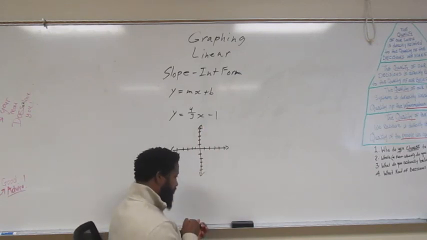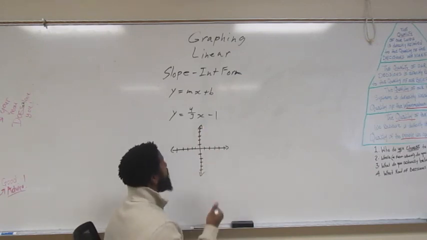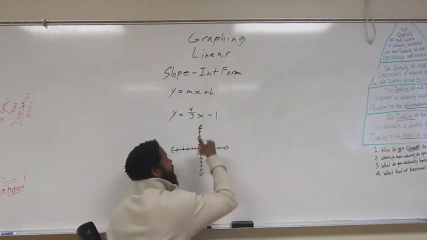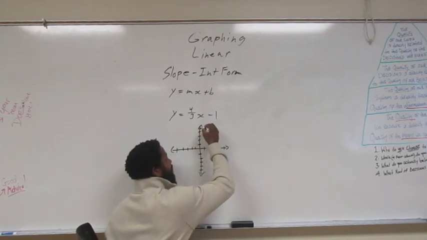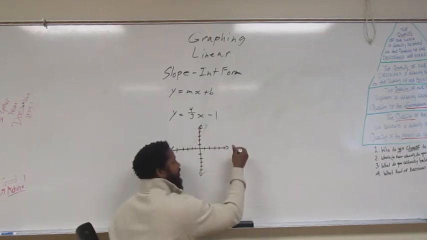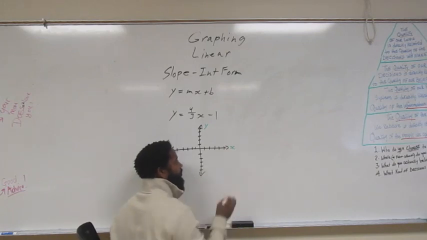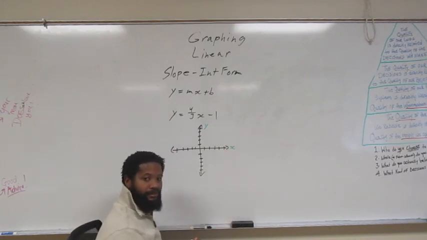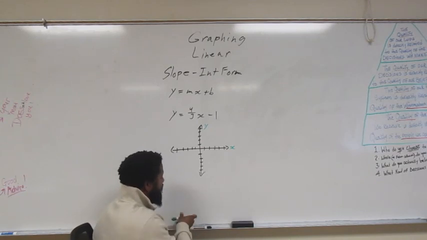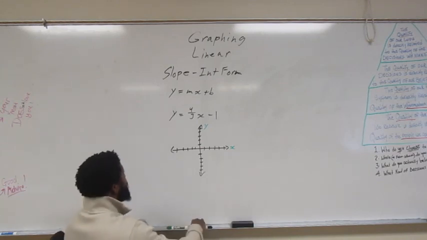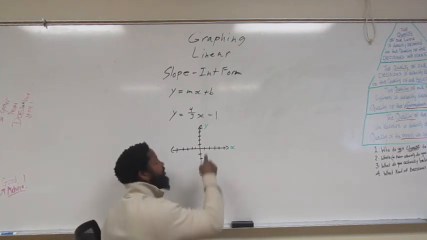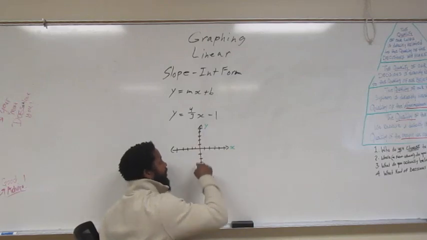So when looking at a coordinate plane, let me write this in a different color. This vertical line right here is our y. This horizontal line is our x. Understood? And we start at the -1 on the y-axis.